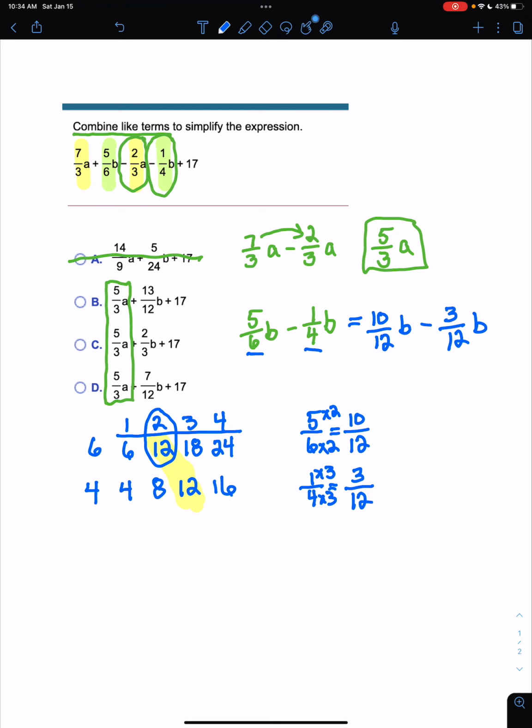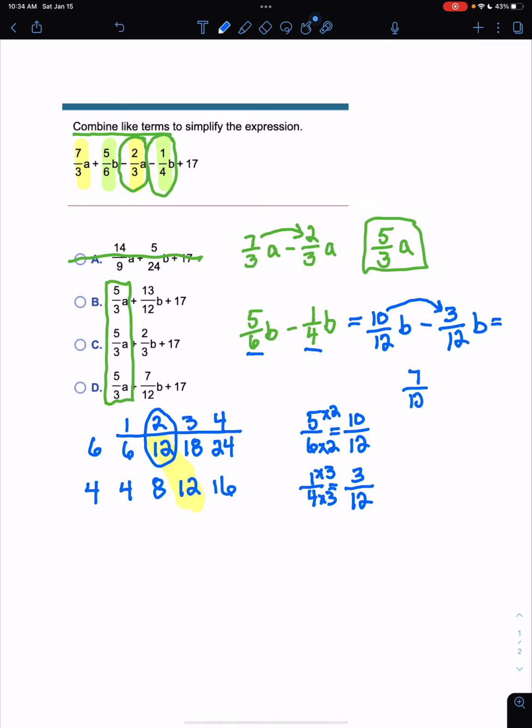Now that we've got common denominators, we can just do our subtraction the same way as we did with our A variables. So here we're going to subtract the numerators. Instead of 10 twelfths minus 3 twelfths, we're going to say 10 minus 3 is 7.